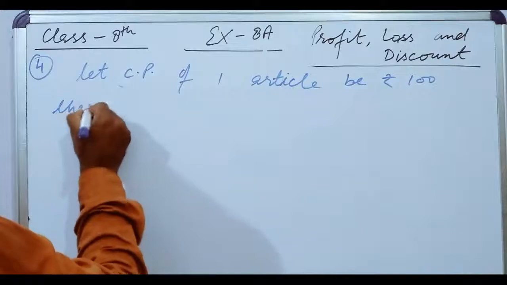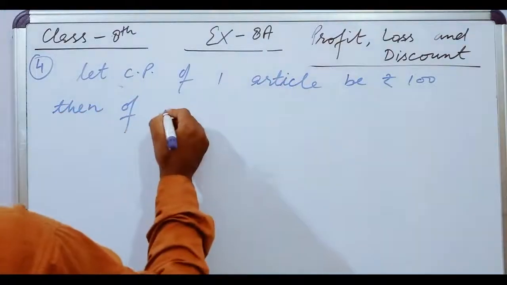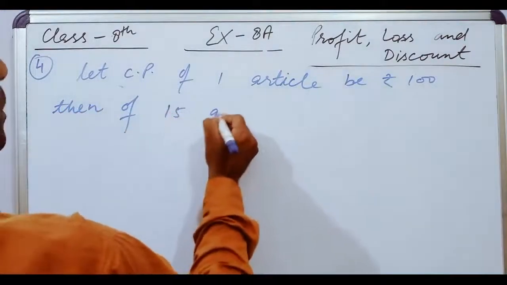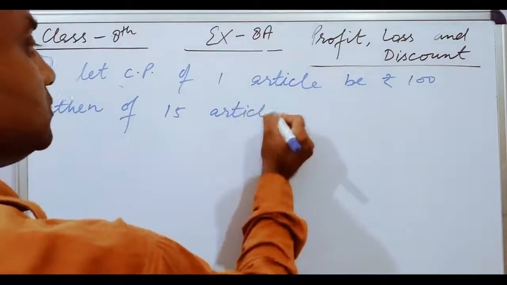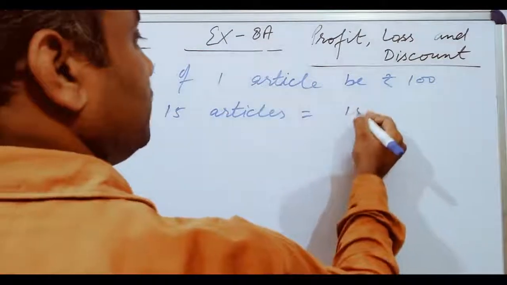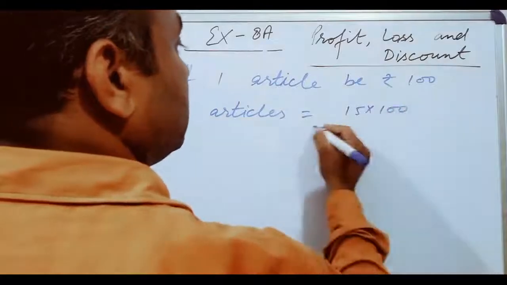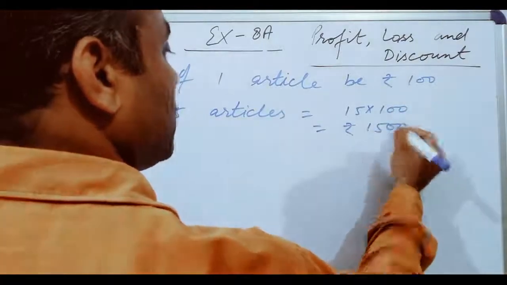Then CP of 15 articles equals 15 into 100 equals rupees 1500.